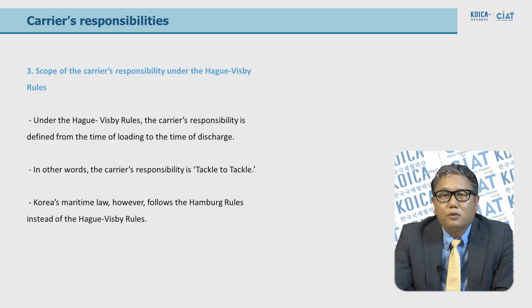Korean maritime law is closer to the Hamburg rules than to the Hague-Visby rules.